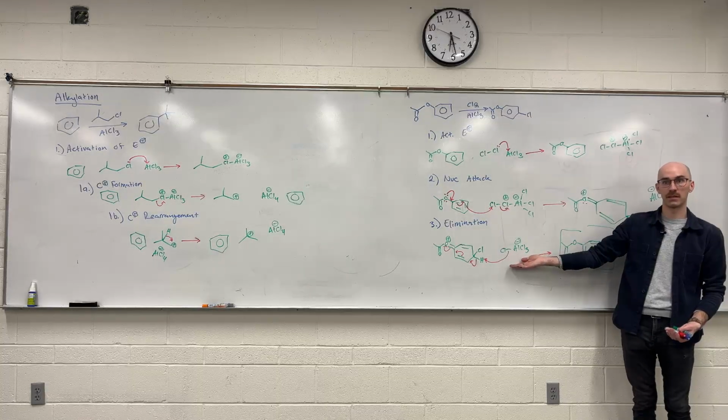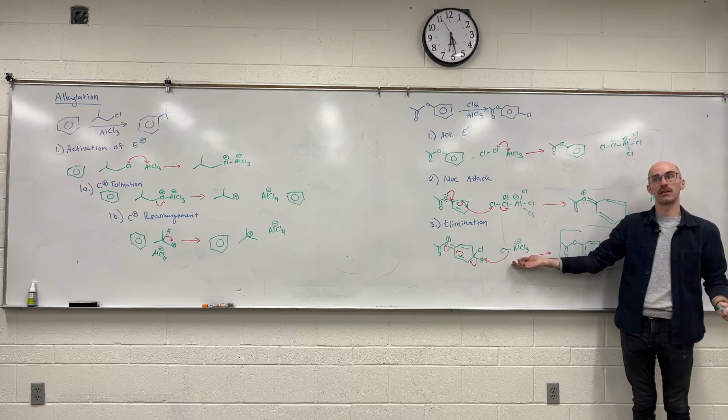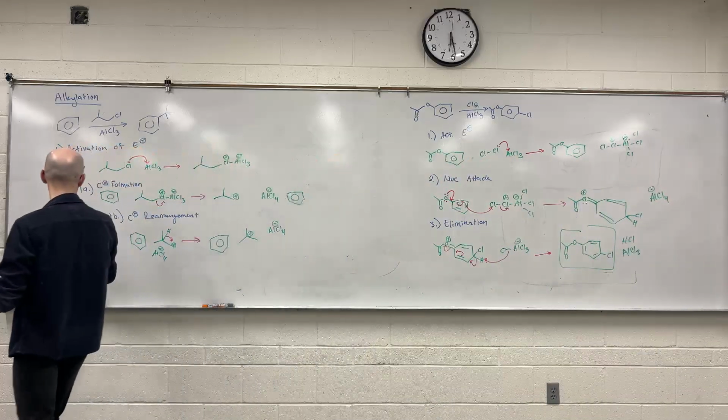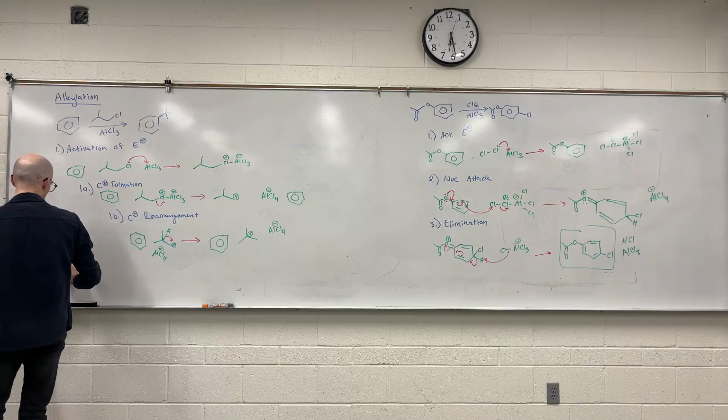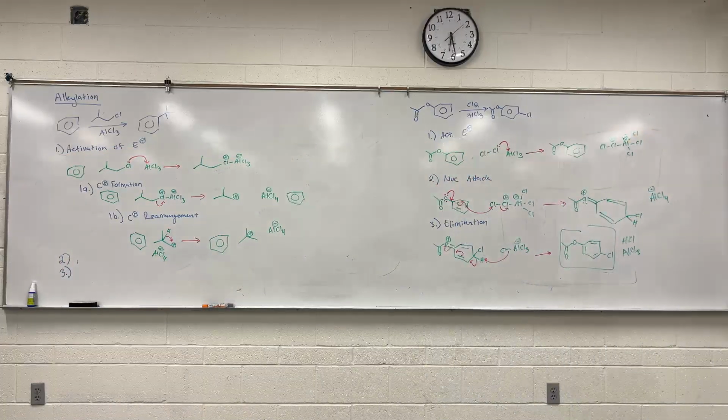Exactly the same. AlCl4 breaks an aluminum chlorine bond to take the hydrogen to reform the aromatic ring. So after this, step 2, step 3, you get your product. But let's move on. Ella.